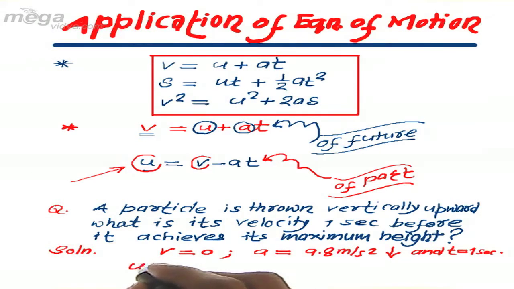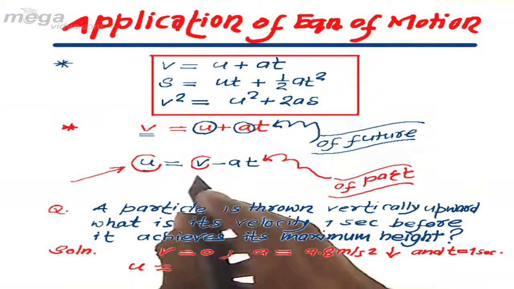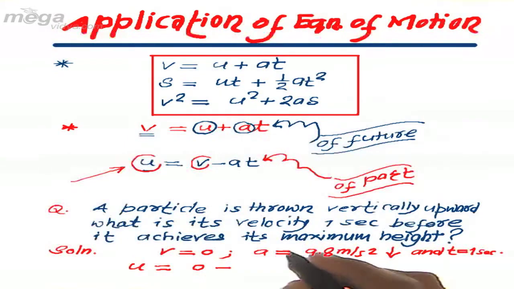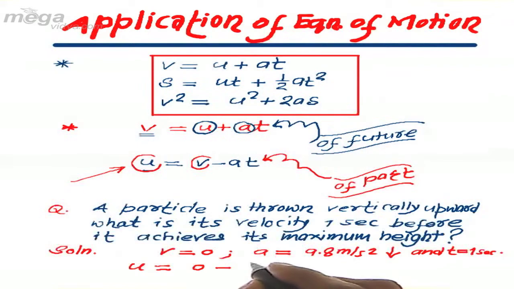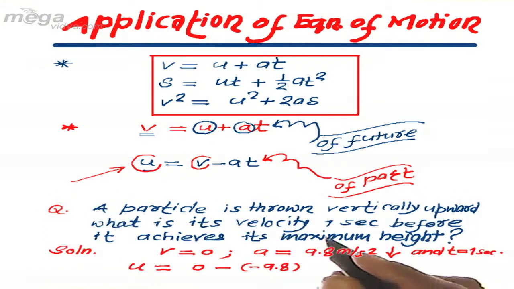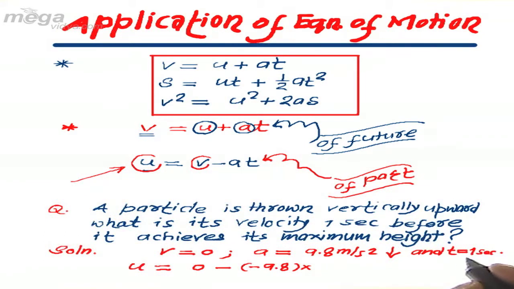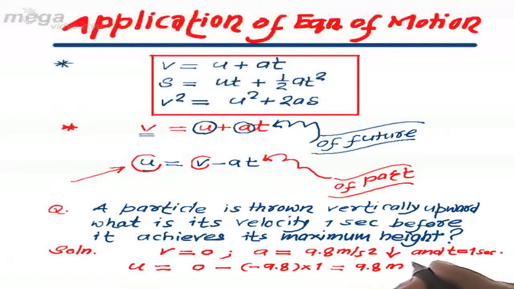So what is the velocity? Velocity u can be found using this equation where v is 0 minus acceleration, which is minus 9.8 meter per second square, because motion is vertically upward and acceleration is acting downward. The time we have been given is 1 second. So this equation gives the answer to this question in a single step, and the answer is 9.8 meter per second moving vertically upward.